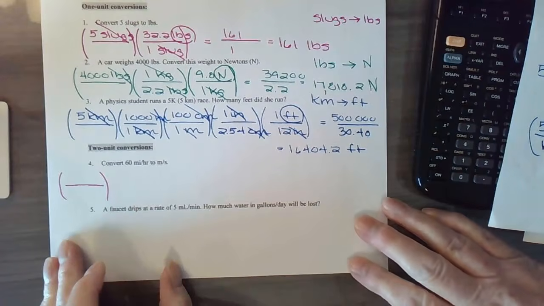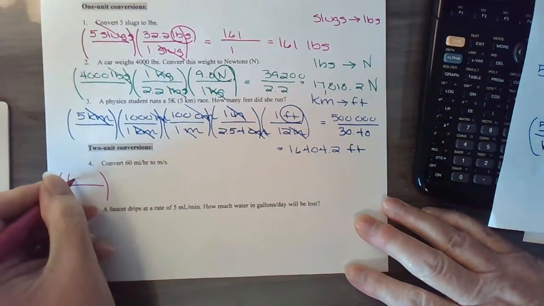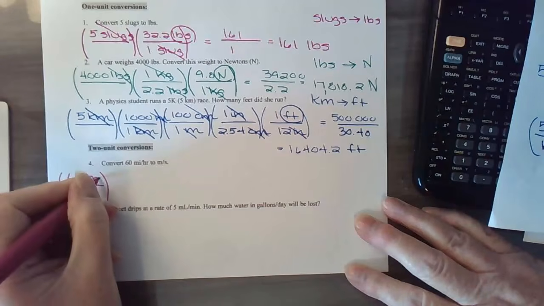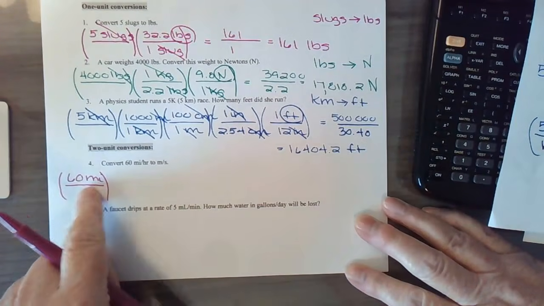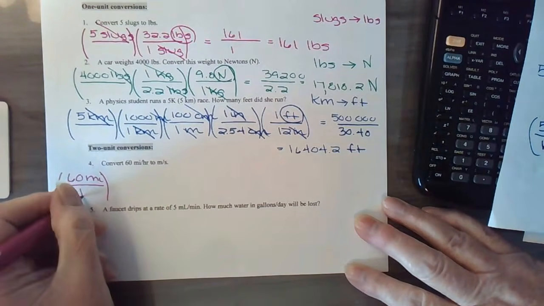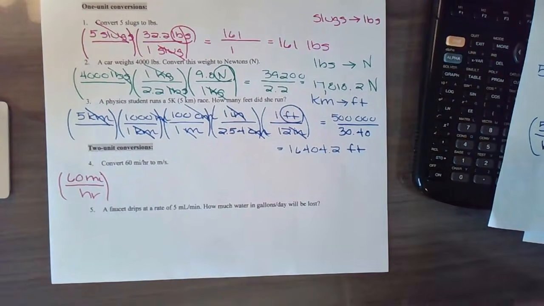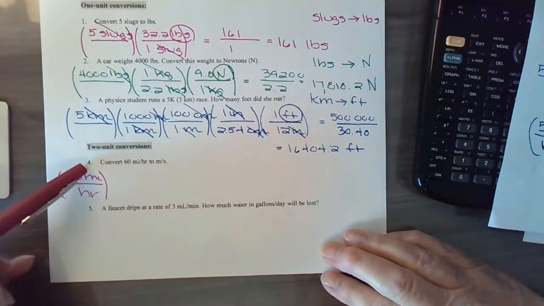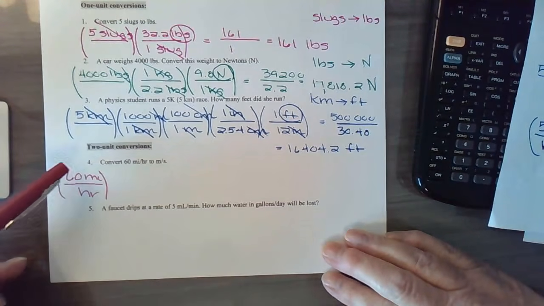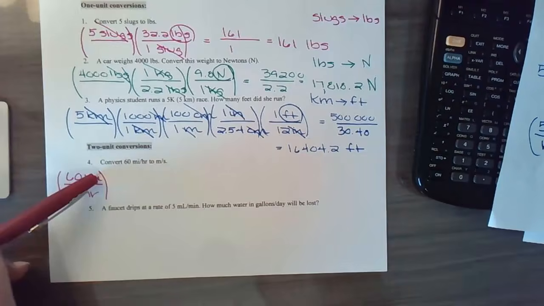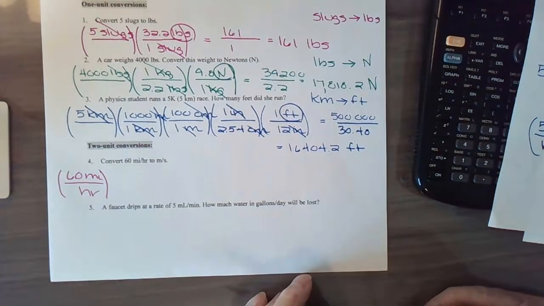60 miles per hour. So 60 miles. This bar is the per hour. You can only have 1 unit in a box. You can't write 60 miles per hour on the top. You have to write 60 miles on the top, and hour has to go in the bottom.